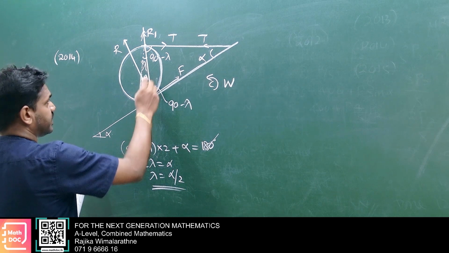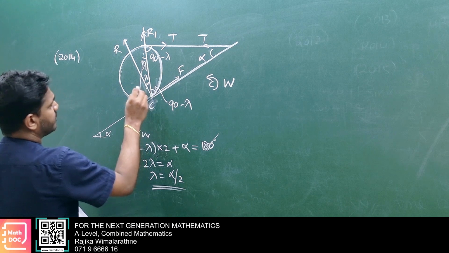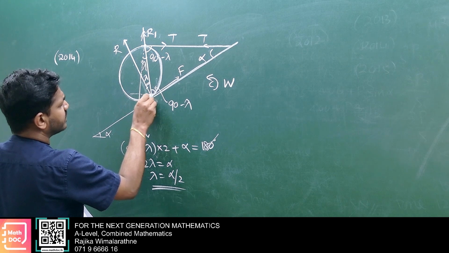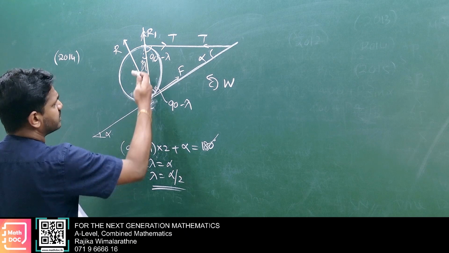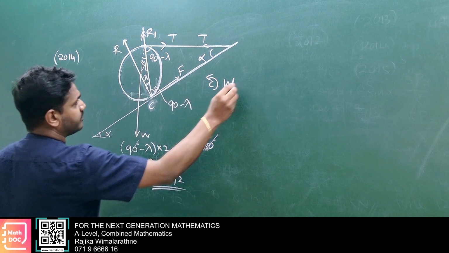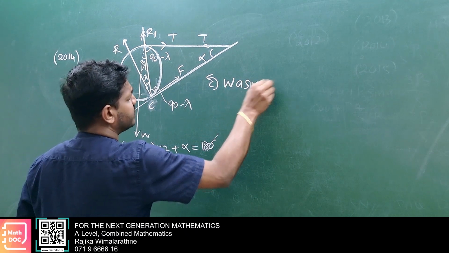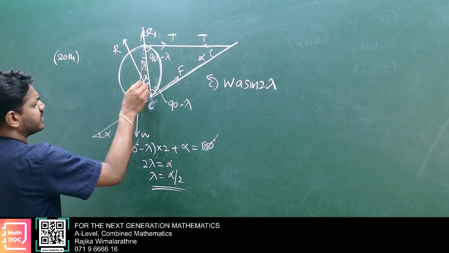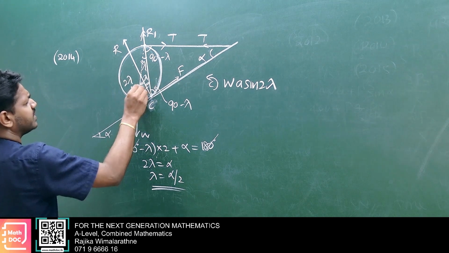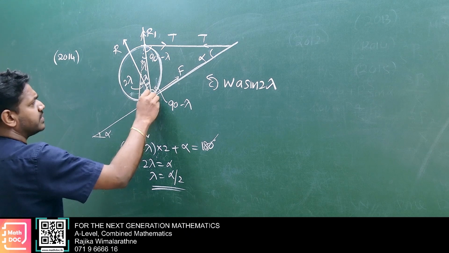Radius A. Here 2 lambda, then A sin 2 lambda.